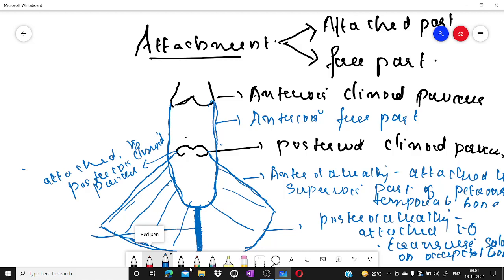This sinus is called the straight sinus. The straight sinus is located on the superior surface of the tentorium cerebelli along the line of attachment of the falx cerebri.